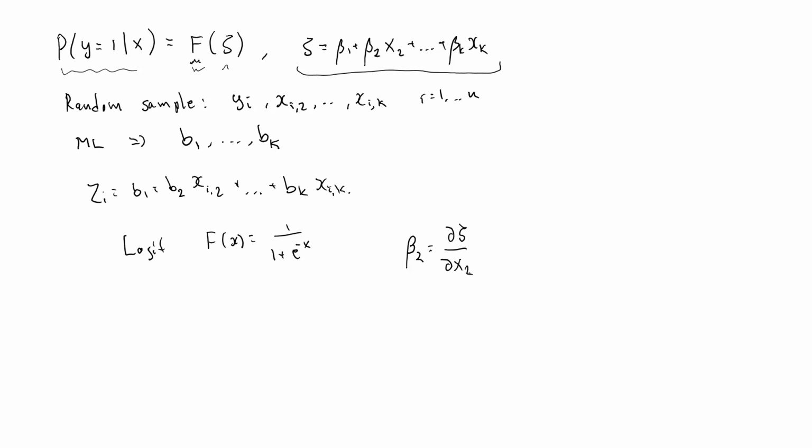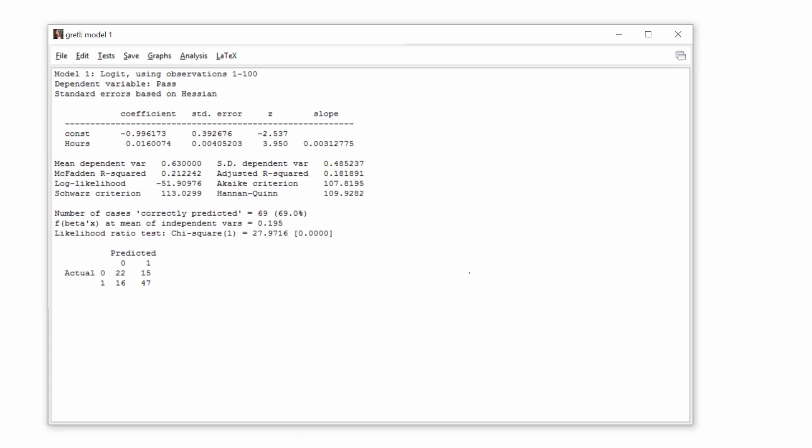The zeta value in binary choice models is not a probability. So the beta values, or its estimates, the b values, actually have no direct interpretation. We can't look at this number and say something like, aha, if hours increases by 1, then something increases by 0.06. There is no such interpretation like there is in the linear probability model.